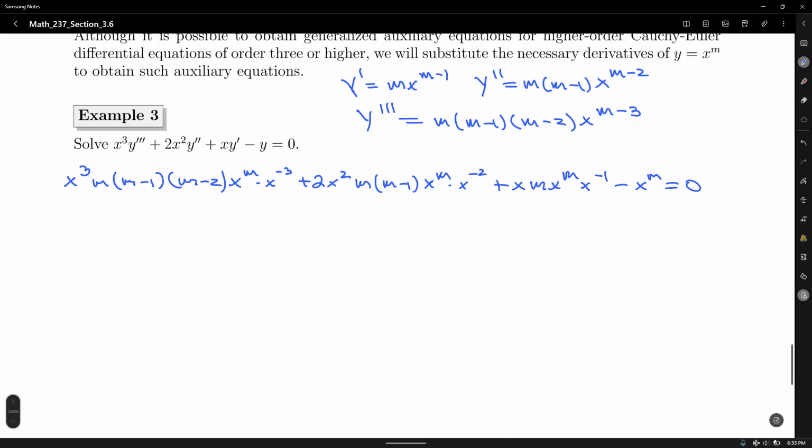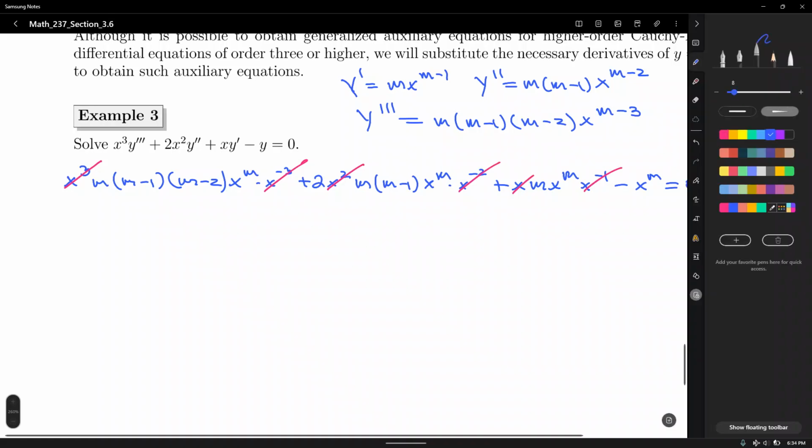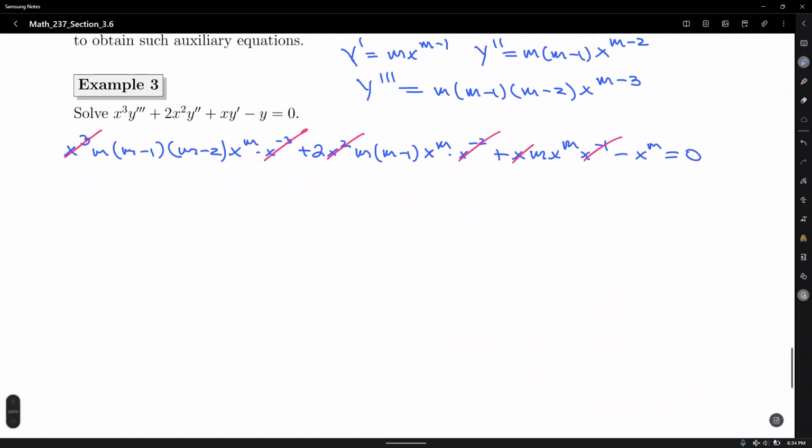The reason why I wrote x to the m minus 2, x to the m minus 1, and x to the m minus 3 as products is so we can cancel these two, cancel those two, and cancel x with x to the negative 1. All right, let's see what we are left with.